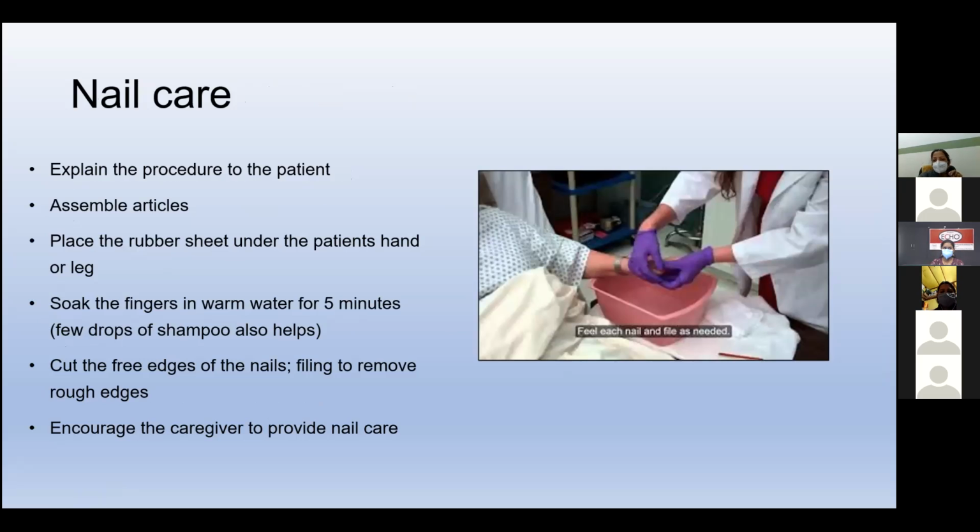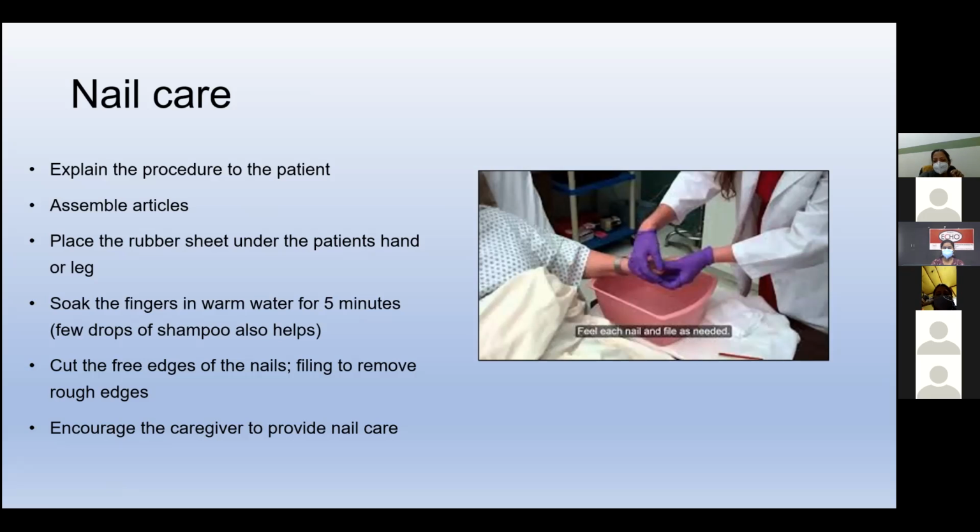Nail care, again very important, because when there is dry skin, the patients will start scratching, okay, and skin will be broken and infection will take place. Many times patients' nails become very dry and thick, right?